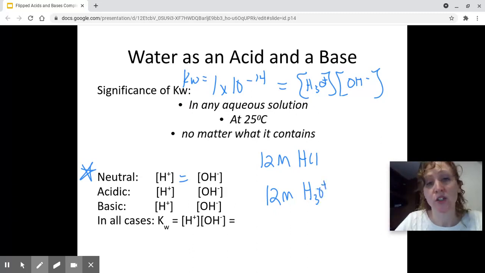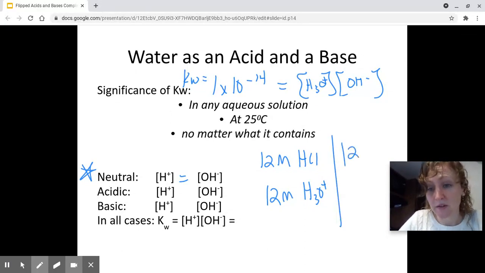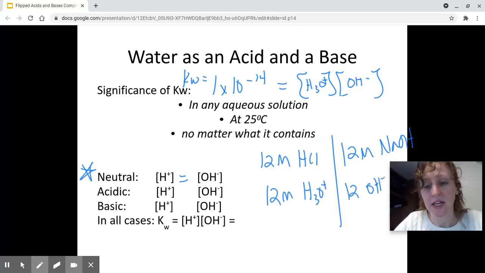If you were to drink that, you would die. It's a very dangerous solution, right? Now take a 12 molar sodium hydroxide solution, so in that solution you have 12 moles per liter of your hydroxide ion. If you were to drink that solution, you would die. It's a very dangerous solution. You just spill it on your skin and it hurts, right?